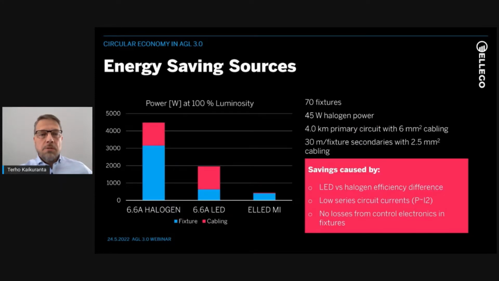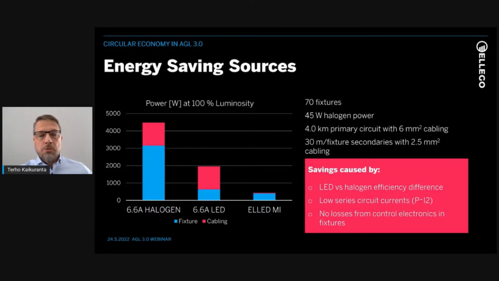And then maybe some explanation of where this saving comes from. We have divided the energy consumption into the energy consumed inside the fixture and the energy losses in the cabling. And as you can see in the graph, the cabling energy losses are actually eliminated in AGL 3.0.